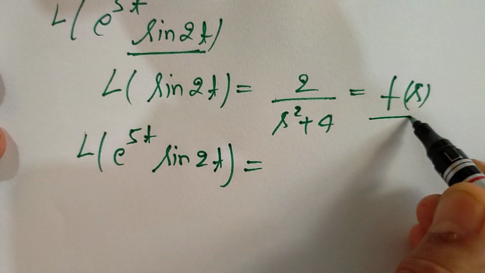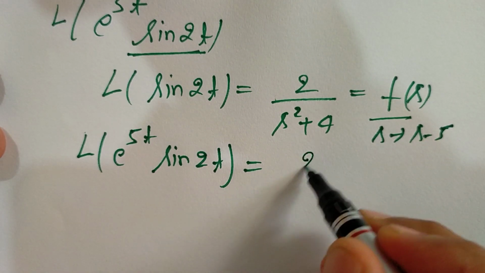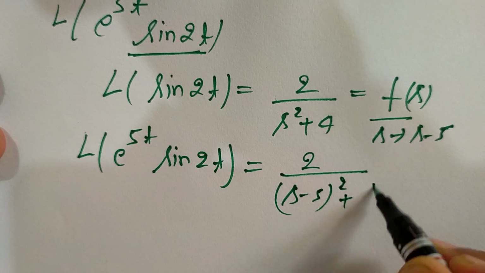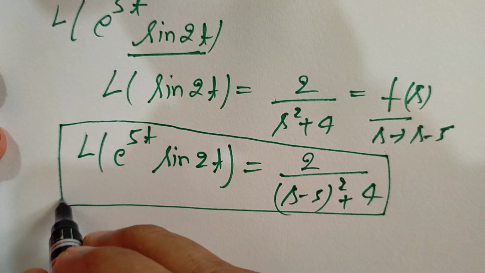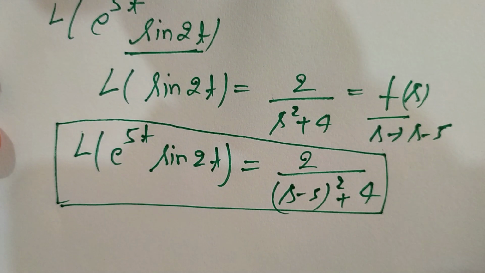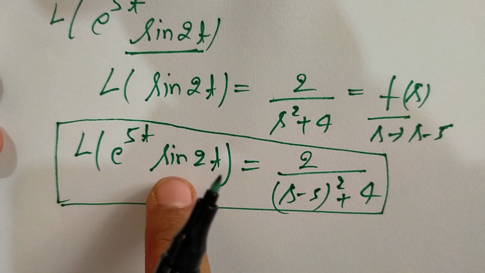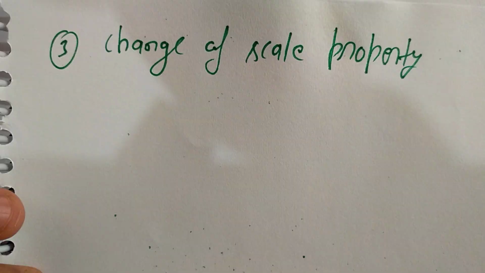So in this, s is replaced by s minus 5. So we get 2 by (s minus 5) whole square plus 4. So using this first shifting property, directly we can get the Laplace transform of the product of an exponential and any function. Just s replaced by s minus a.